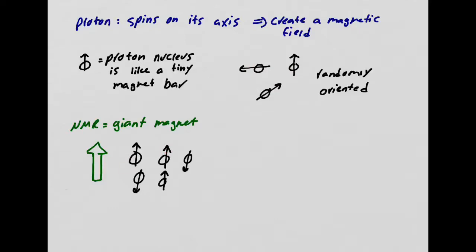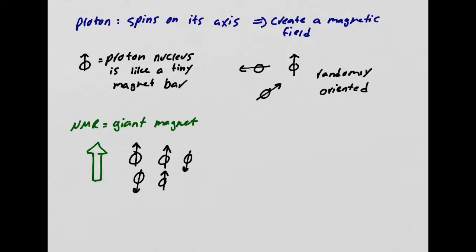Once you put these next to a magnet, there are two ways they can be oriented. They're either going to be with the magnetic field or against the magnetic field. Now, if you're aligned with the magnetic field, that has a lower energy. And if you're against the magnetic field, that has a little bit more energy. So far, so good. Okay, beautiful.